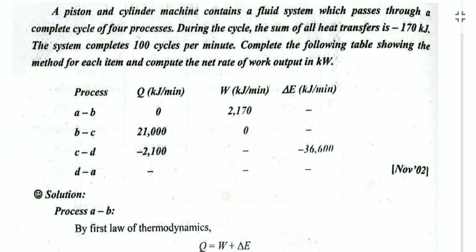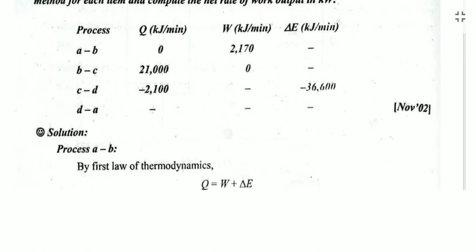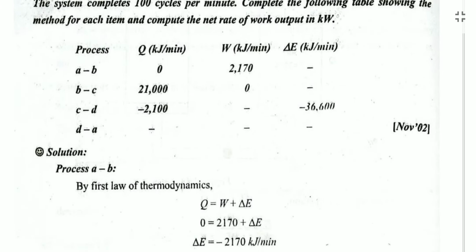So how do we have to solve? First we consider process A to B. In the process A to B, heat transfer is given, work done is given, we have to find delta E. So we can substitute in the first law of thermodynamics formula for the process: Q is equal to W plus delta E. Here heat transfer is 0, work done is 2170.